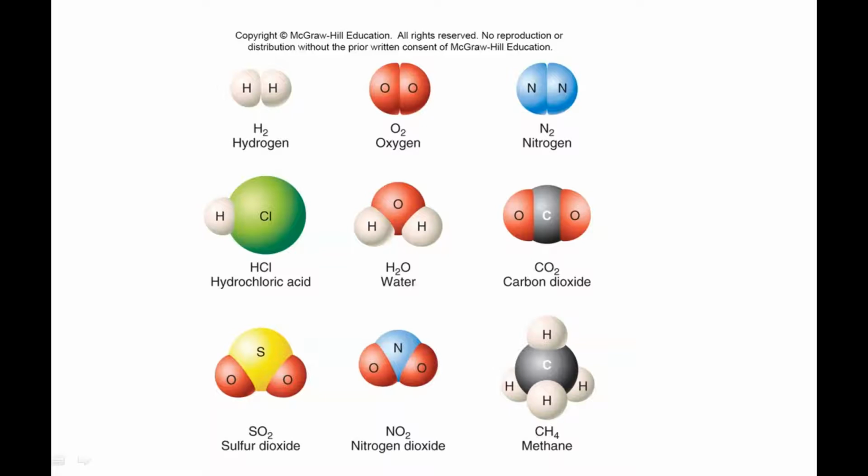All right, so we have discussed several molecules here that can contribute to global warming as greenhouse gases. That's going to be CO2, carbon dioxide, water vapor, and methane over here. All three are powerful greenhouse gas molecules.